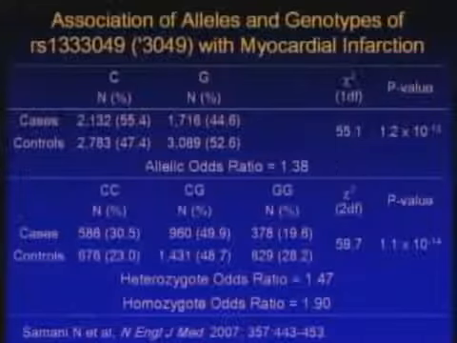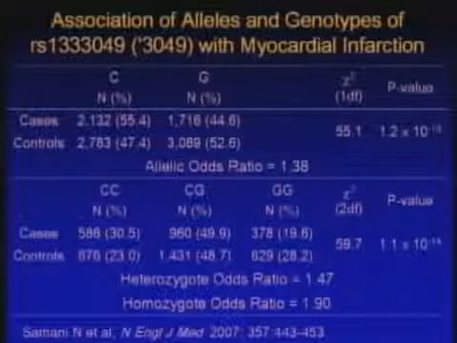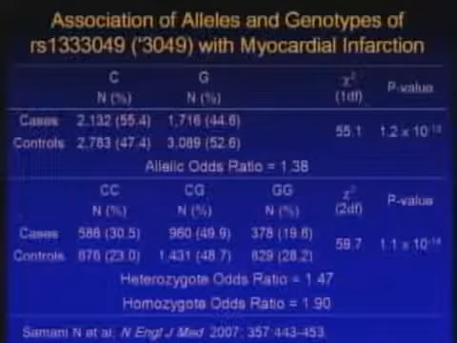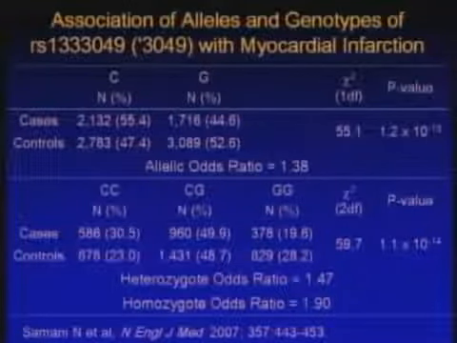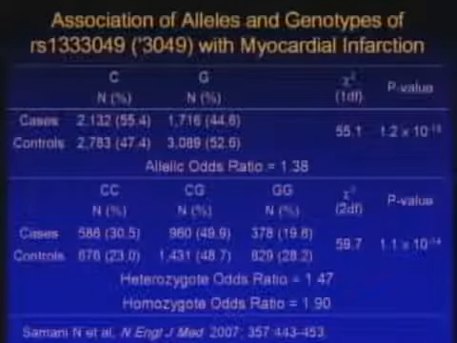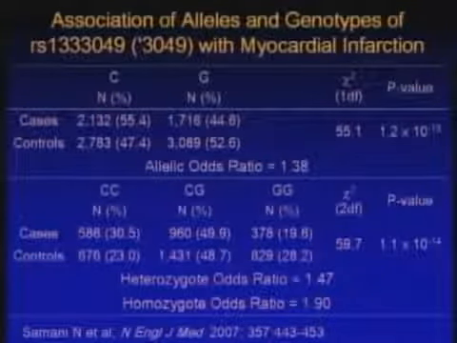It might be that the homozygote doesn't have all that much increased odds over the heterozygote. It'd be a little hard to explain biologically unless you truly have a dominant trait, which we tend to be thinking now may not be very common at all these days, at least not in complex diseases. But calculating a heterozygote odds ratio between these two groups is 1.5, and a homozygote between this group and that group would be 1.9.